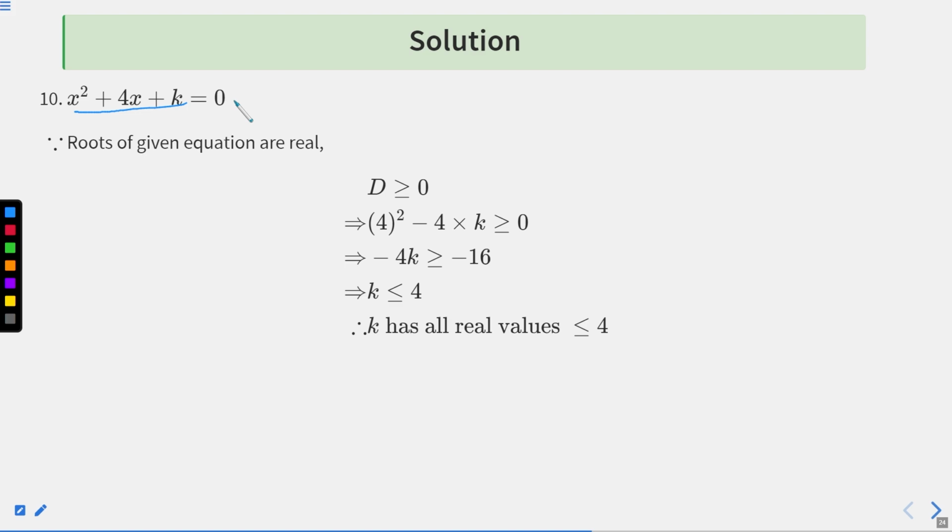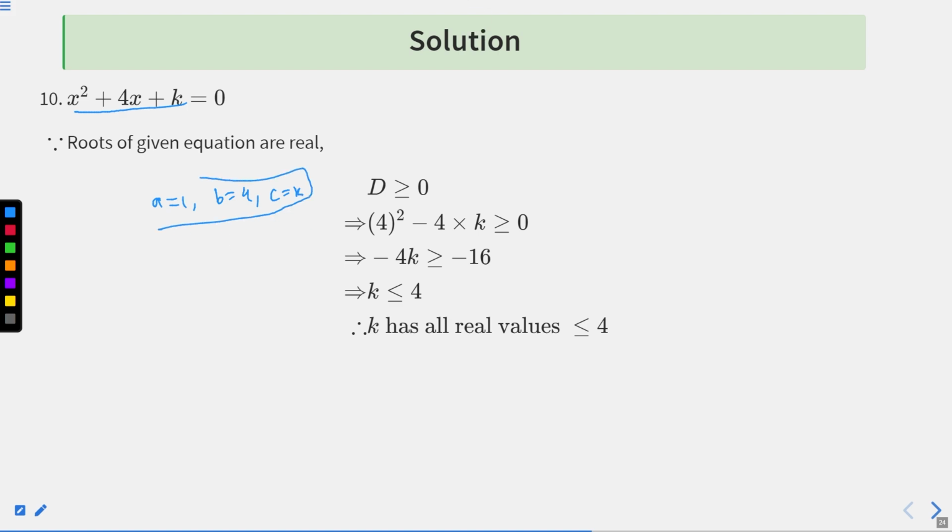Here the value of a is equal to 1, the value of b is equal to 4, and the value of c is equal to k.